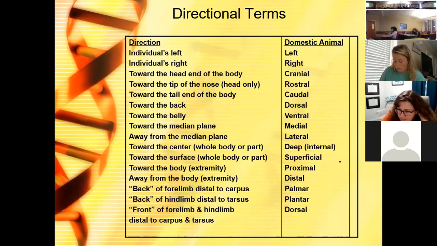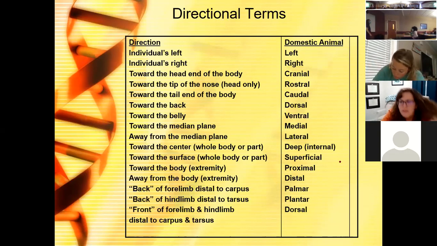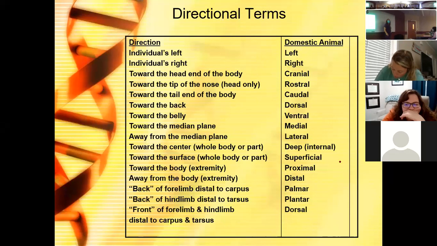So whenever I say in relation to, that's where I am comparing. So if I say, where is my knee in relation to my hip? Distal. So I'm asking you, what location is my knee in comparison to my hip?